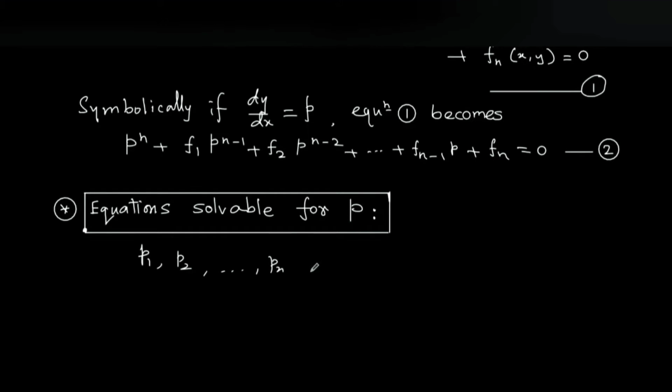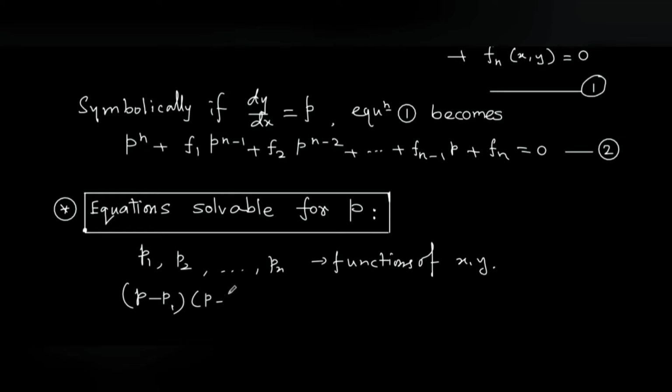And obviously p1, p2, pn are functions of x and y. So equation 2 can be written as the product of the factors (p minus p1)(p minus p2) and so on, (p minus pn) equals 0.